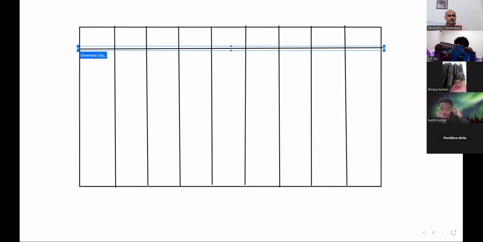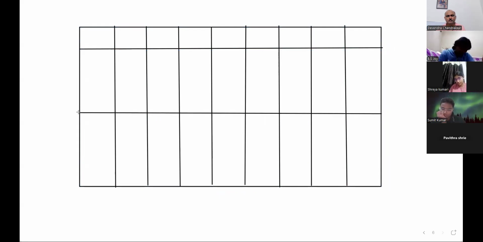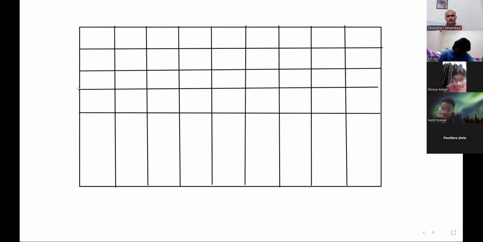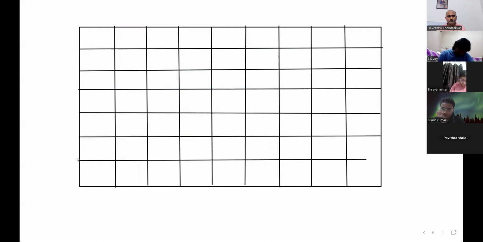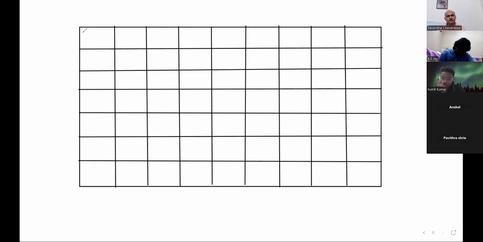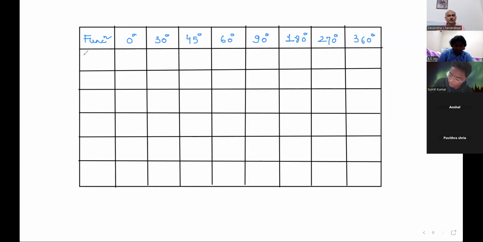Theek. This is all about functions. This is 0, 30, 45, 60, 90, 180, 270 and 360 degrees.